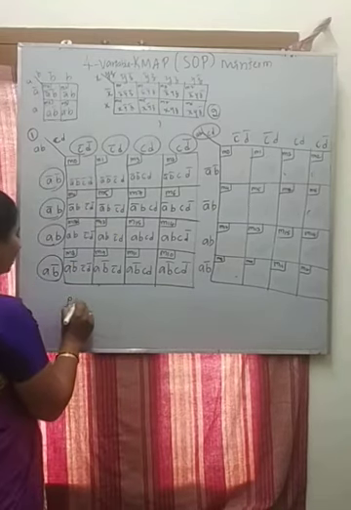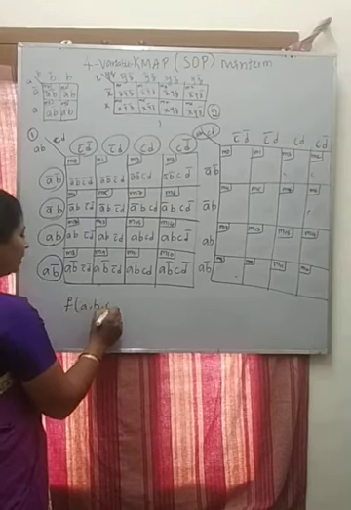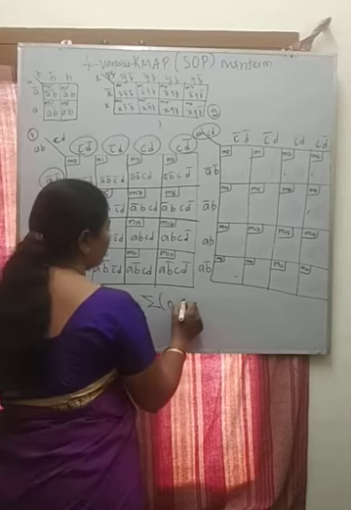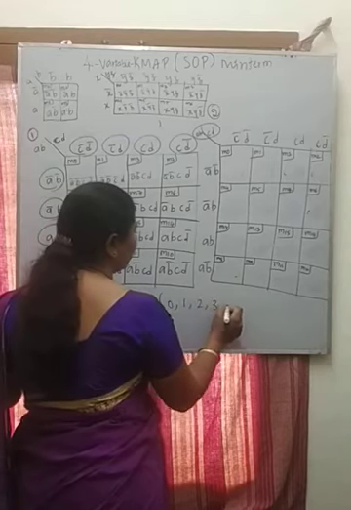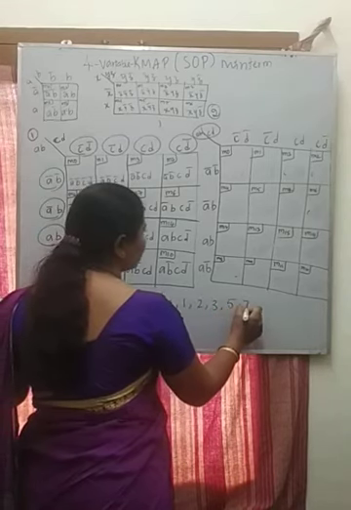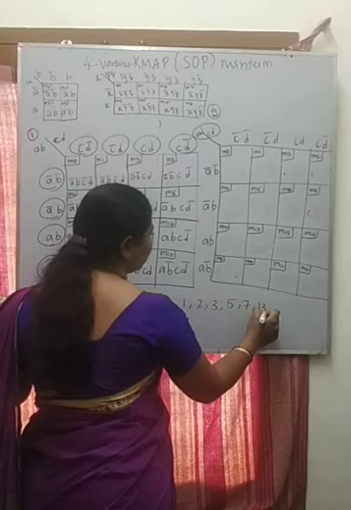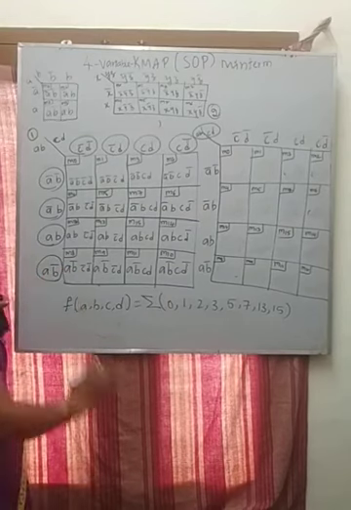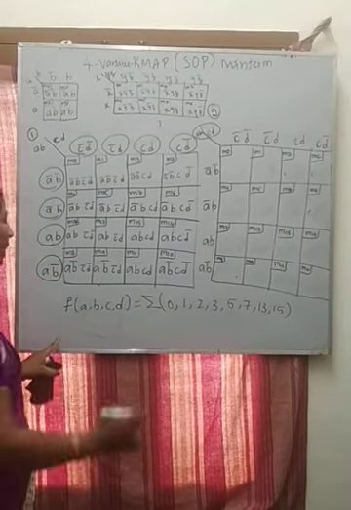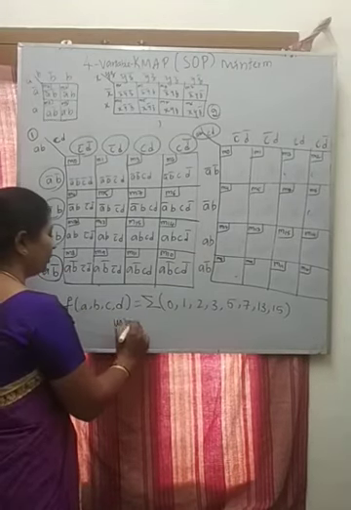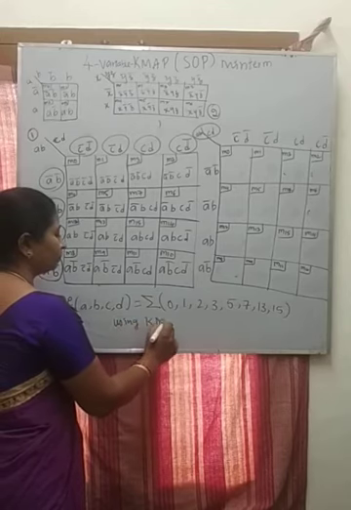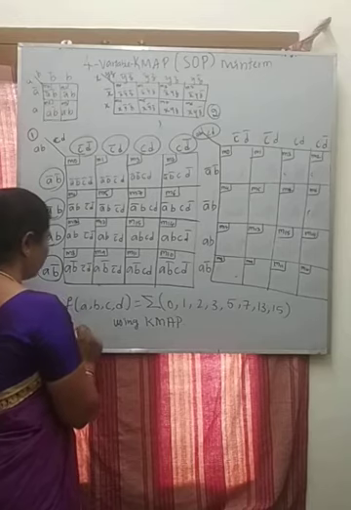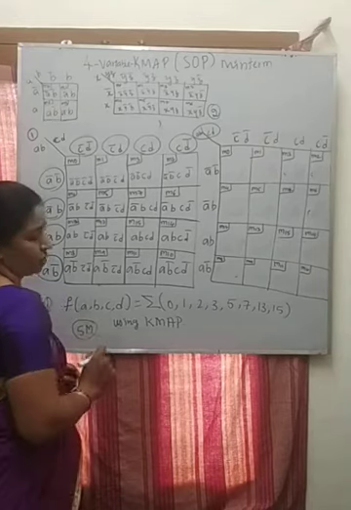Suppose they have given the question: A, B, C, D equal to sigma of 0, 1, 2, 3, 5, 7, 13, 15. Reduce the expression using KMAP. Please try to understand. This is your 5 marks important question.